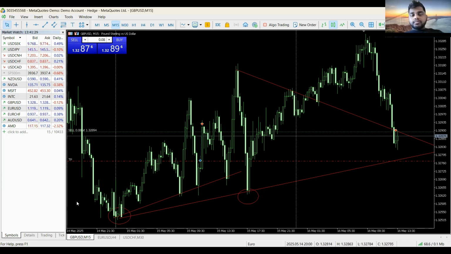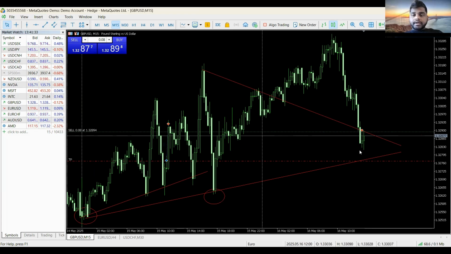So I saw two supports. I just drew a trend line connecting these points, and I wanted to take the price coming over here. And once the price hits this trend line, I will be taking a buy and I'll be targeting 10, 15 pips or maybe 20 pips.